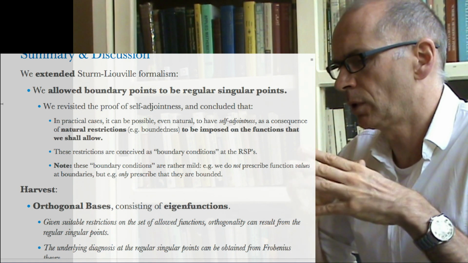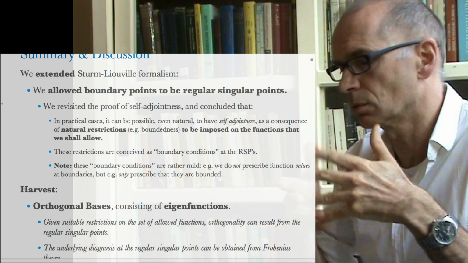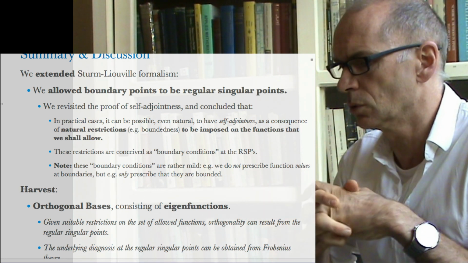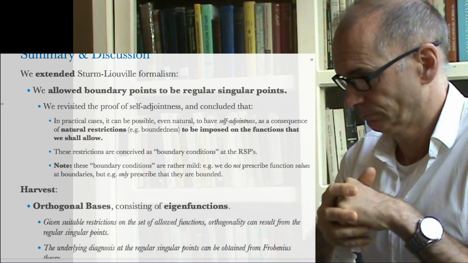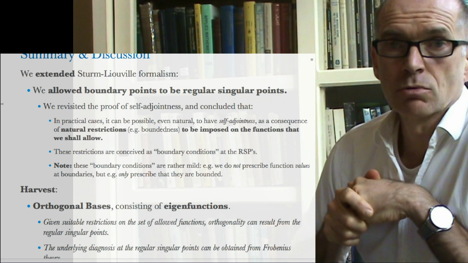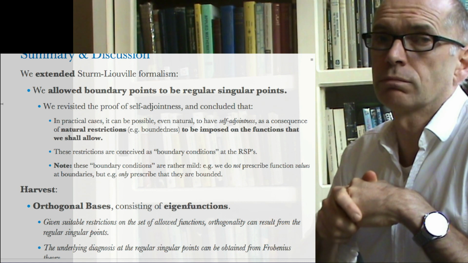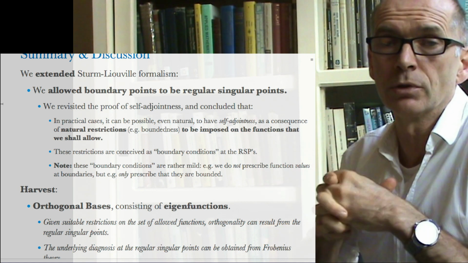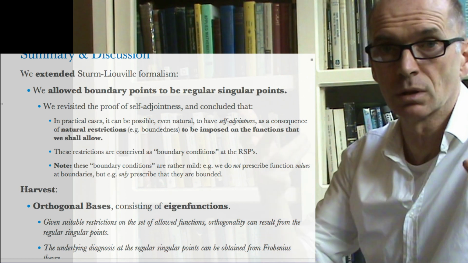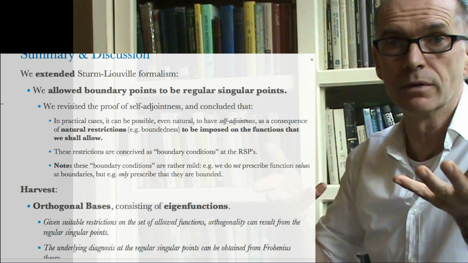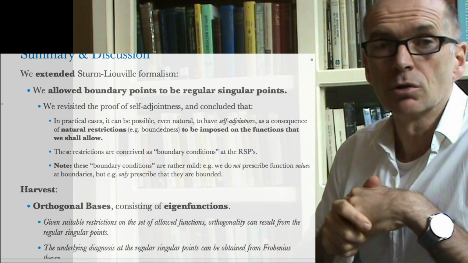And why is that? Well, we did revisit in part 1 the proof for self-adjointness, how to establish self-adjointness, and we concluded that in practical cases, and we saw an example now, it can be possible, it's even natural, to have self-adjointness as a consequence of, in this case, rather natural restrictions. I talked about the gravitational field of Jupiter, and you know, well, the functions are finite. There are no singularities there. So that's a natural restriction.